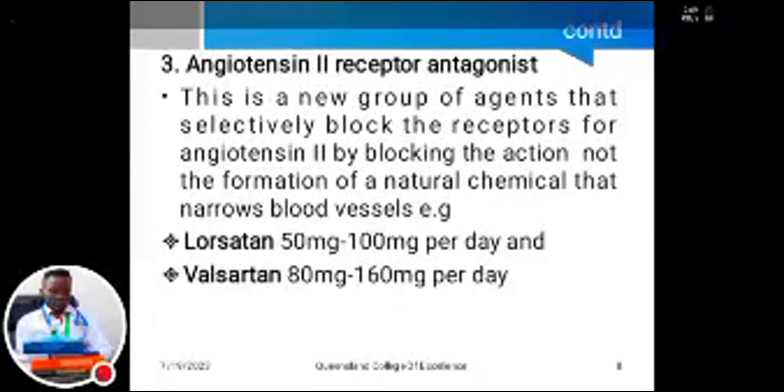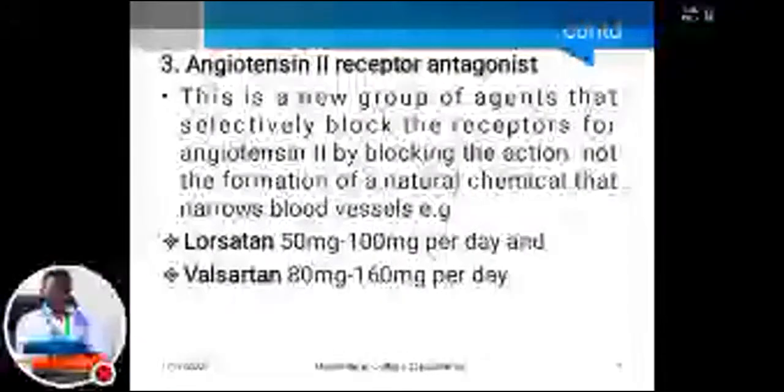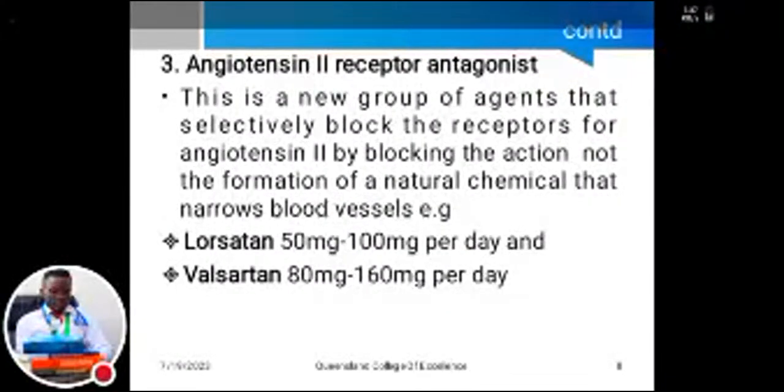hypertension. So in here, this is just a new group of agents that selectively block the receptors for angiotensinogen 2, by blocking the action, not necessarily the formation, of a natural chemical that narrows the blood vessel. For example, we have losartan.